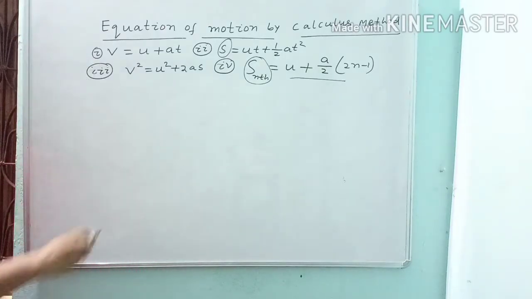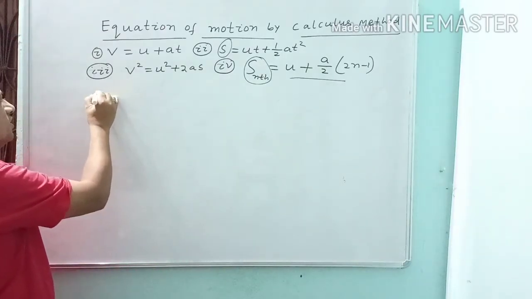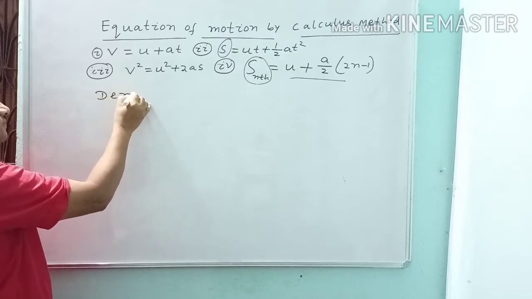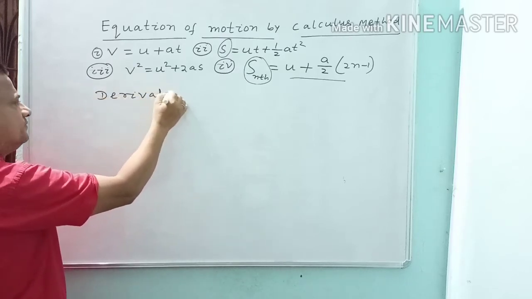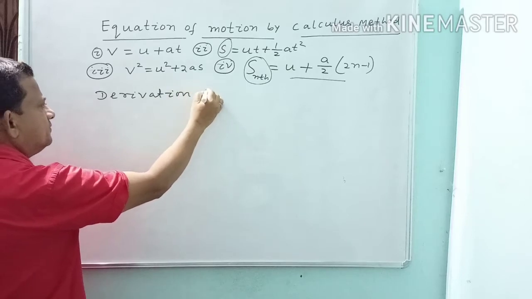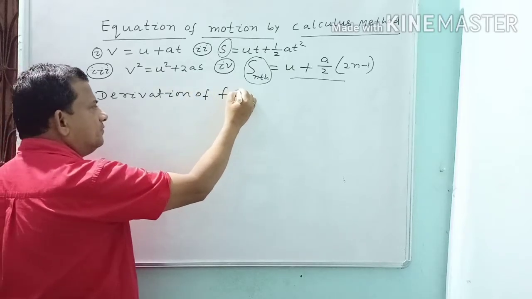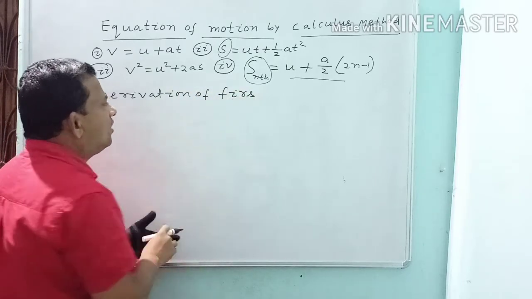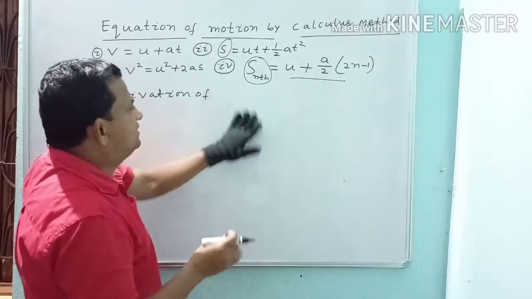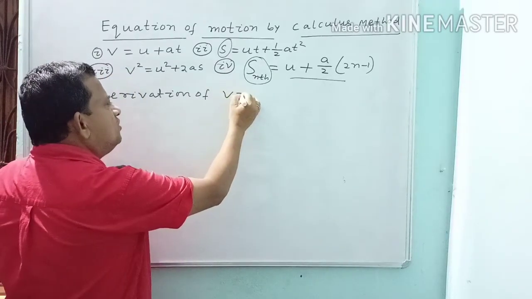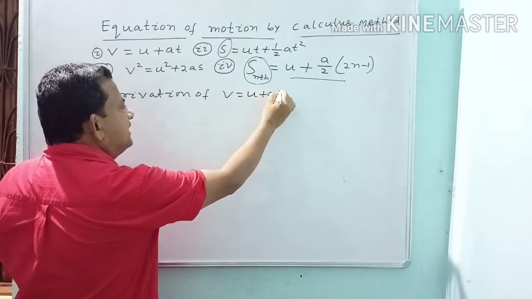You see, so the derivation of the first expression, or derivation of, you can write, V is equal to U plus AT.